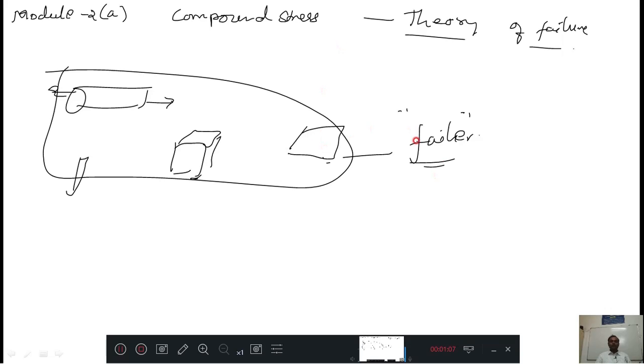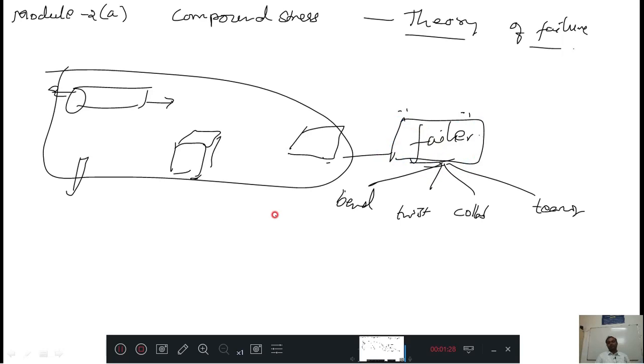That failure you can measure in different terms. Failure may be excess bending or excess twisting, or a complete collapse, or tearing, or anything, you can have your own definition. Or yielding. Failure means when you apply some load to the material, then the material will definitely fail.